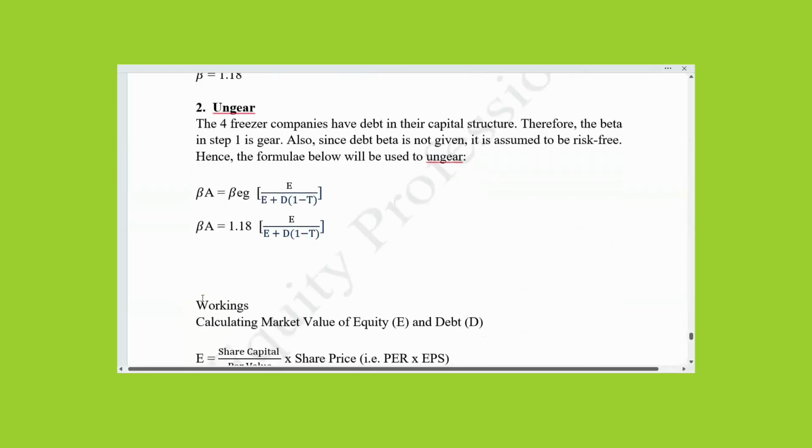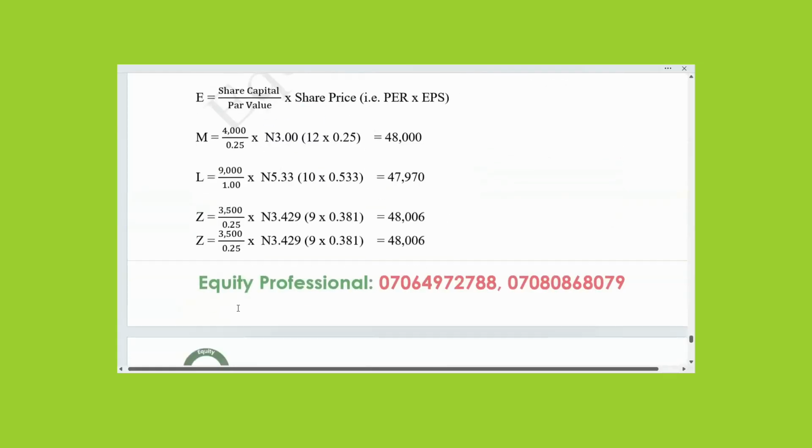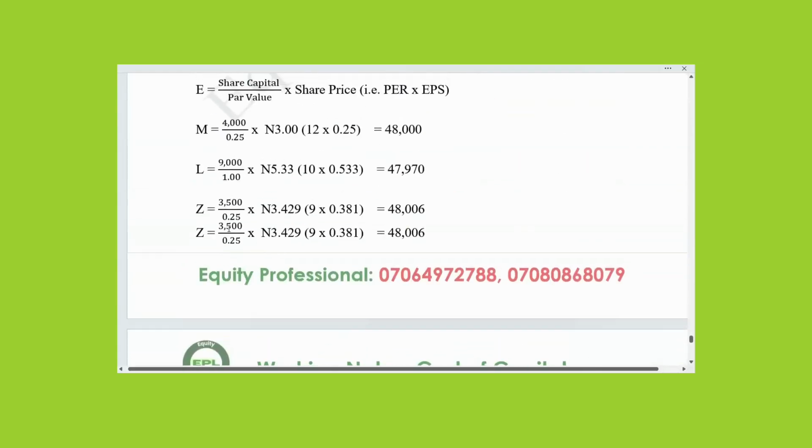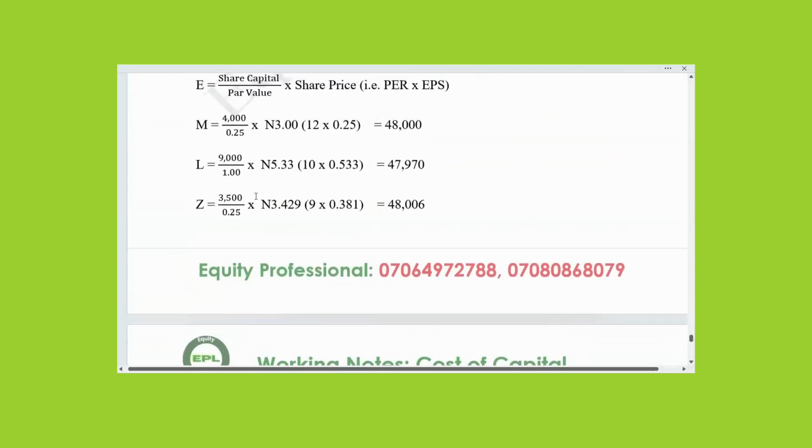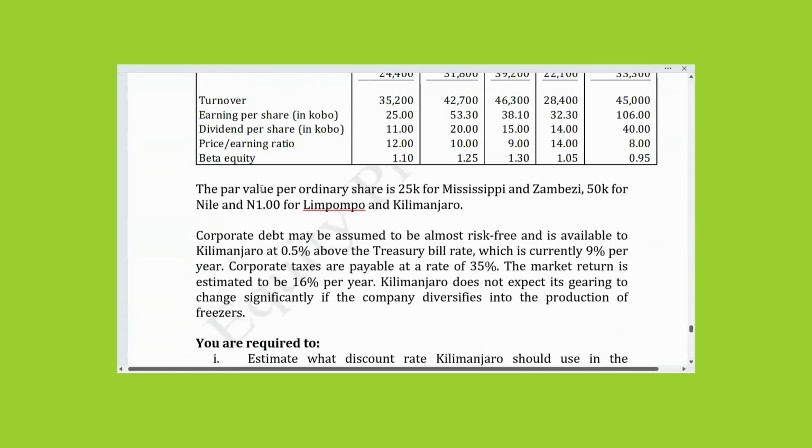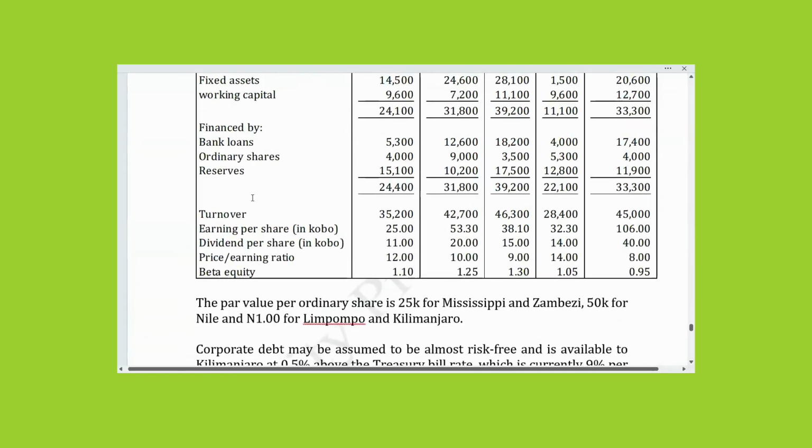Next one. The last one. Let me see. It will still come down. So the next one is N. Okay. The share capital of N is 5,300.